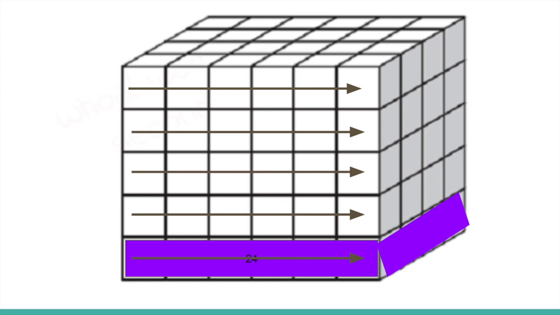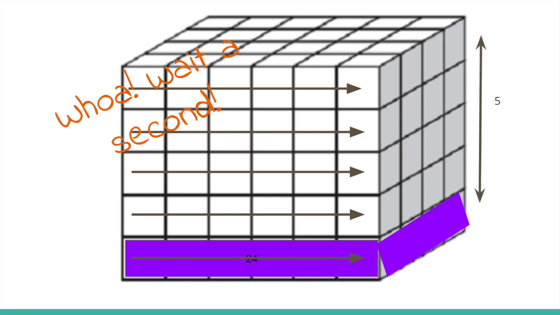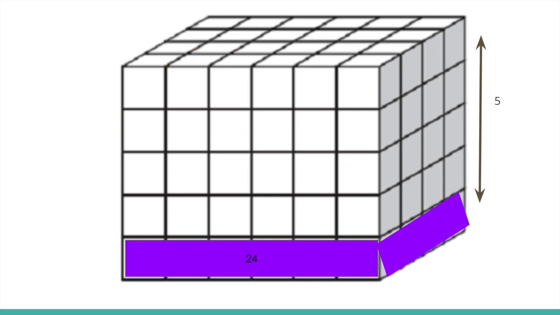Whoa, wait a second. We said that 5 times. That means we have a height of 5 units. That means we can take 24, or the area of the base, and multiply it by 5, the number of layers, or the height, to get our volume.